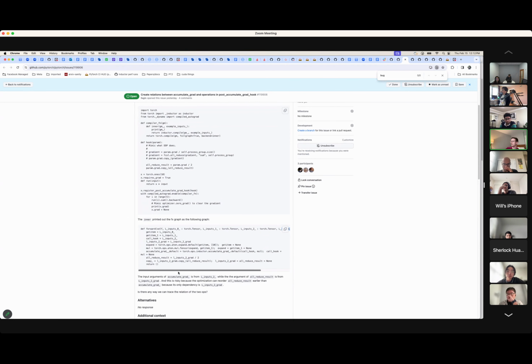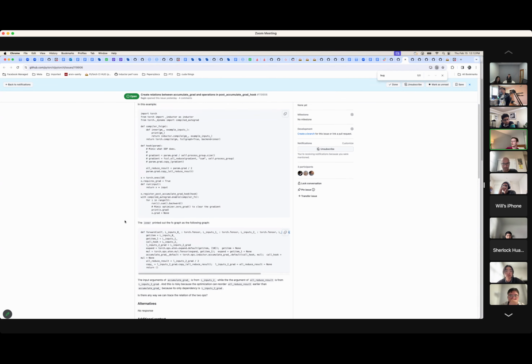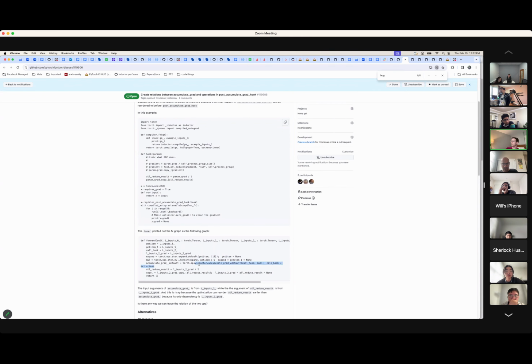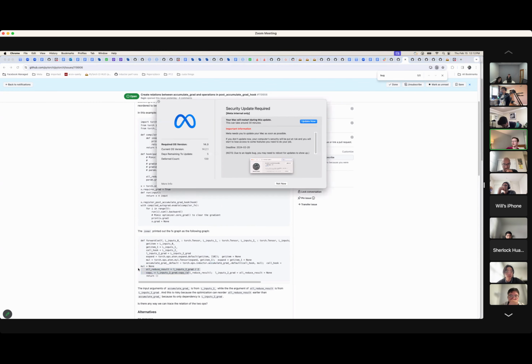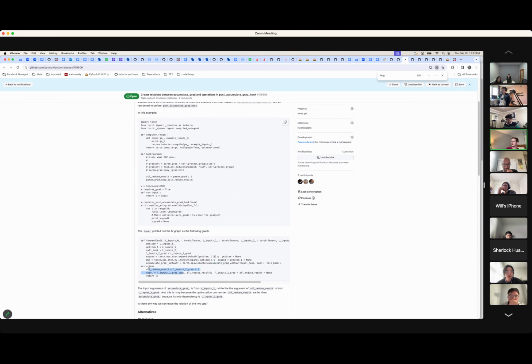And then the third weird thing about this graph is basically the ordering problem mentioned in this original repro, which is that technically there's an order of ops that we expect to run here: accumulate grad should run first, and then the contents of the post accumulate grad hook should run second, where the stuff I've highlighted is what's inside of this hook.